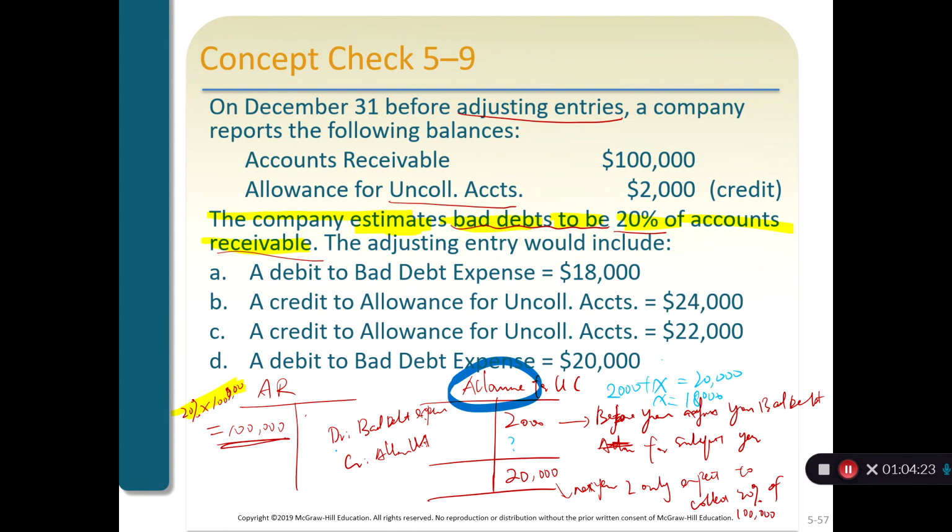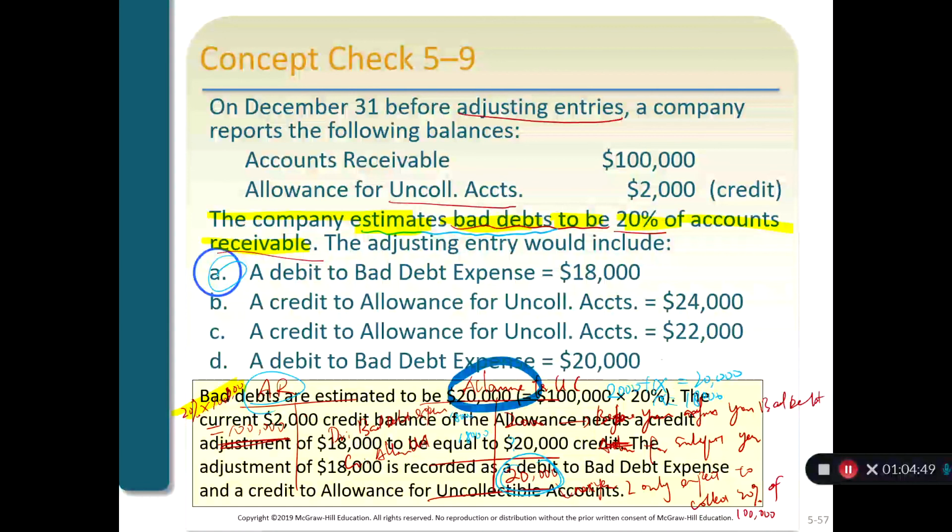So we should debit 18,000 and credit allowance for 18,000, to make sure the balance of the allowance account, or the estimation of bad debt that will not be collected, is 20% of the final balance of accounts receivable. So therefore, we debit the bad debt expense.